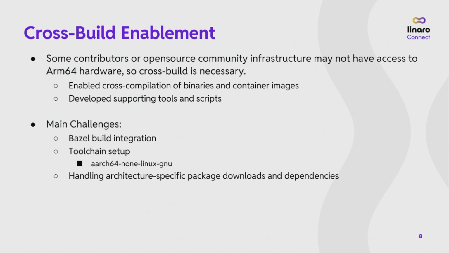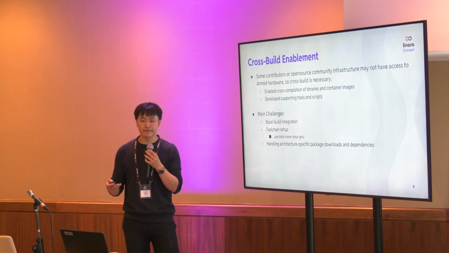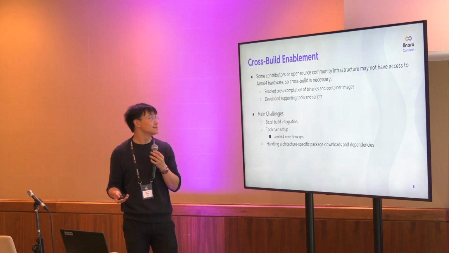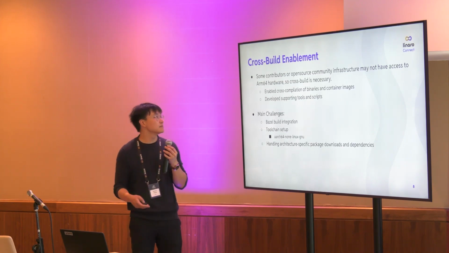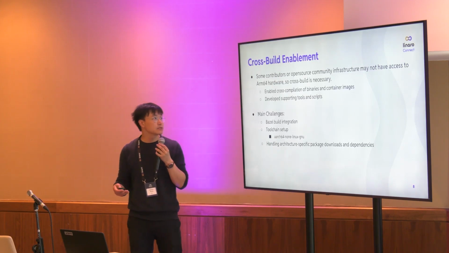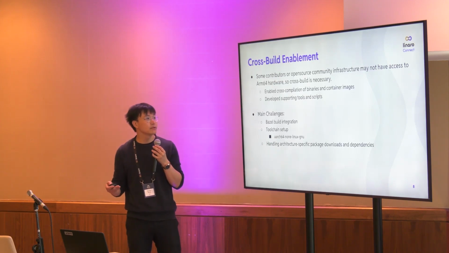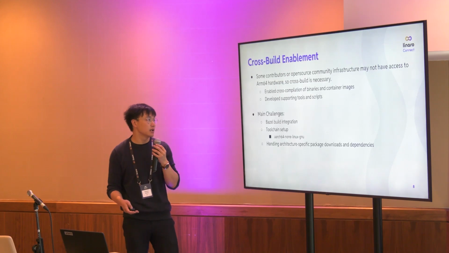After the functionality is confirmed and the tests are set up, the next step is release. Some contributors or open source community infrastructure may not have access to ARM64 hardware, so cross-build is necessary. Basically, cross-build enables cross-compilation of binaries and container images.